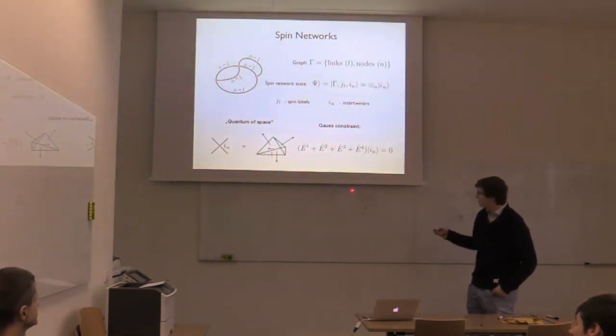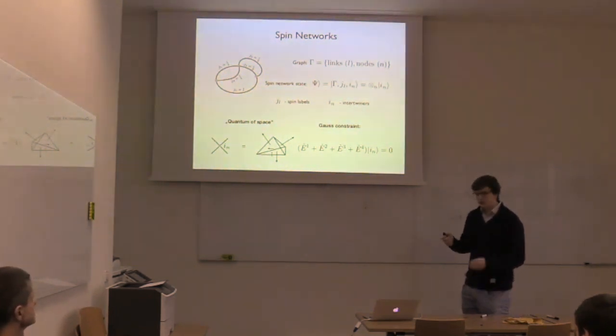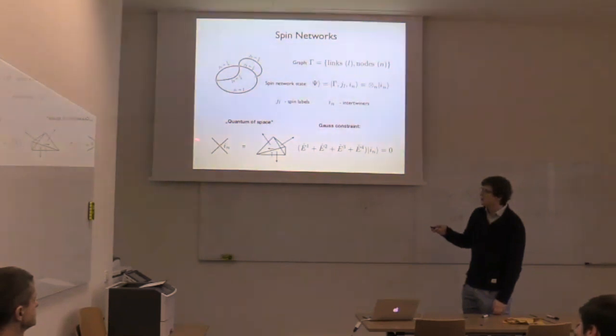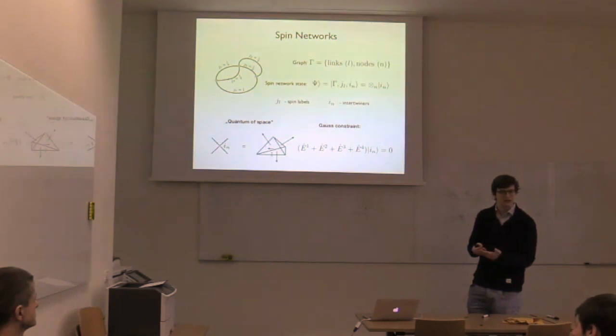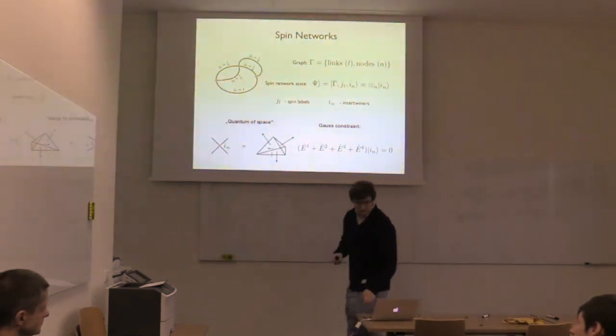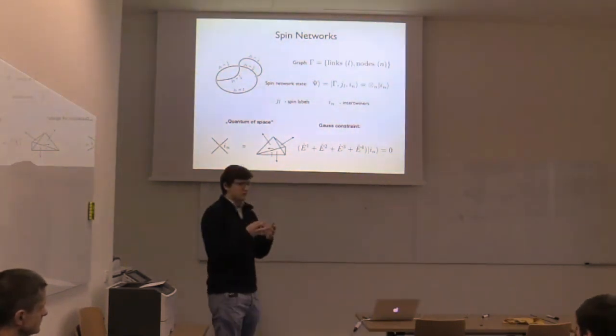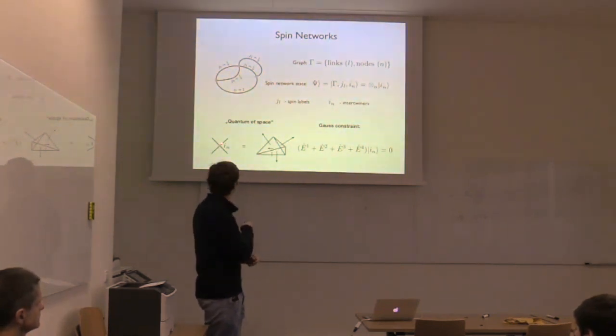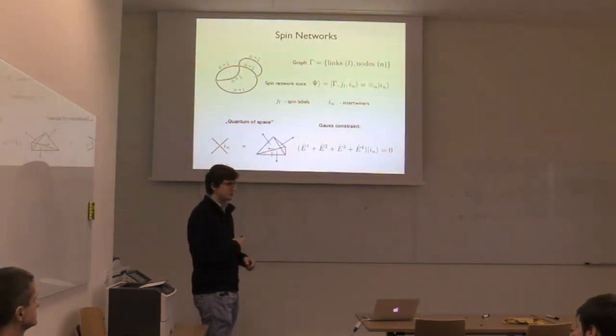So you can see that the 3-valent nodes do not carry a volume element, but 4-valent nodes carry a non-vanishing volume element. In loop quantum gravity you have area and volume operators, and if you act with the volume operator on this node, you get a non-vanishing eigenvalue. But if you act with the volume operator on this node, you get a zero eigenvalue. Okay? So if you want to construct the 3+1 theory, you have to base it on 4-valent nodes. This is important.